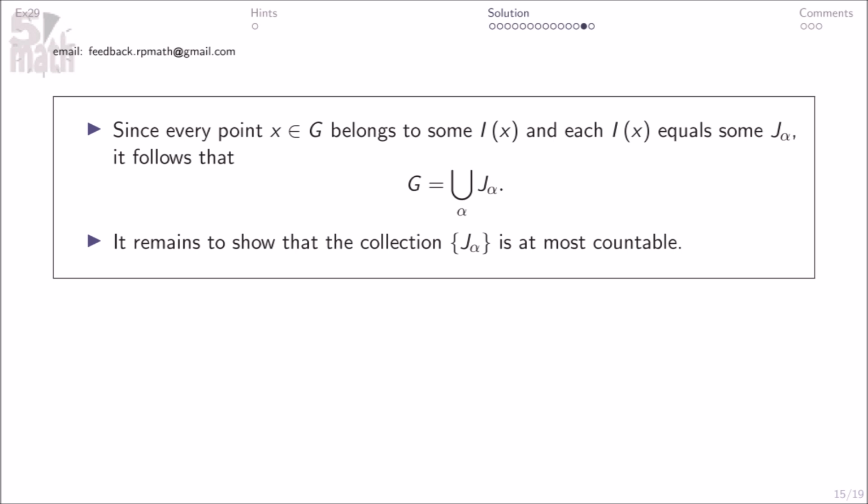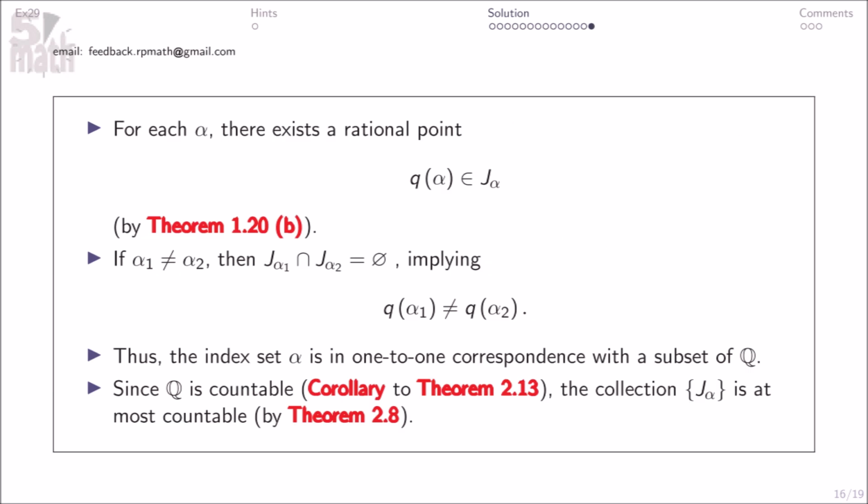Since every point x in G belongs to some I of x and each I of x equals some J alpha, it follows that G equals this. It remains to show that the collection J alpha is at most countable. For each alpha, there exists a rational point Q of alpha element of J alpha, by theorem 120b.